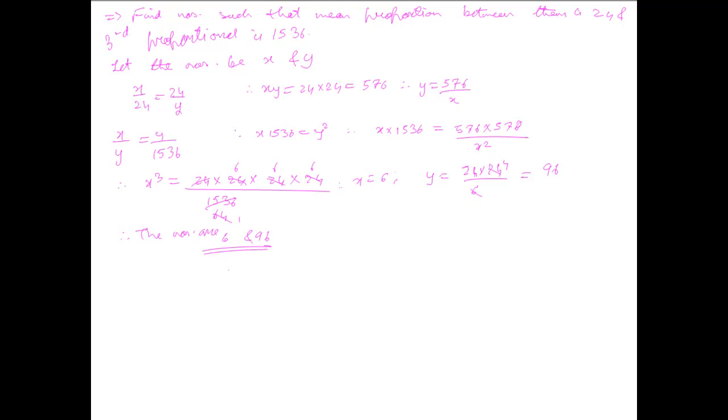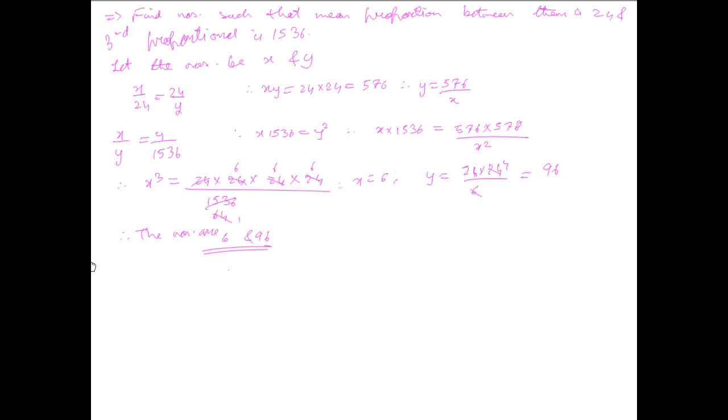Let's see properties of proportion first, children. For properties of proportion, if you have the numbers as a upon b equal to c upon d, by alternando, to alternate, so interchange these two.